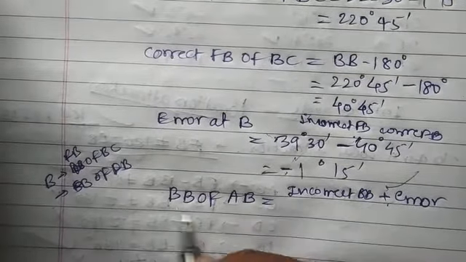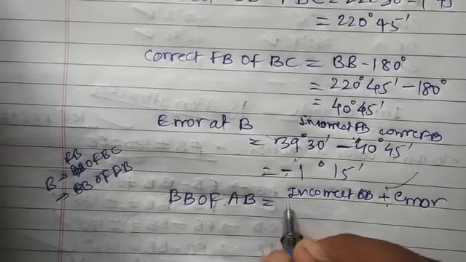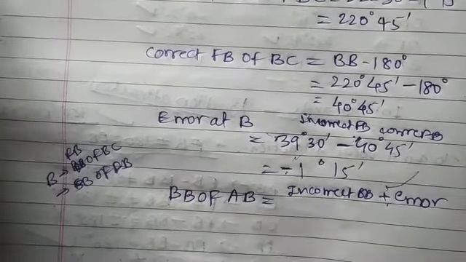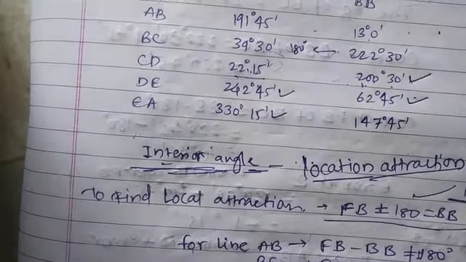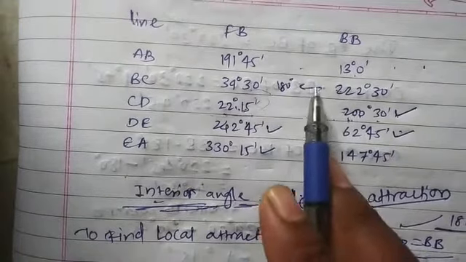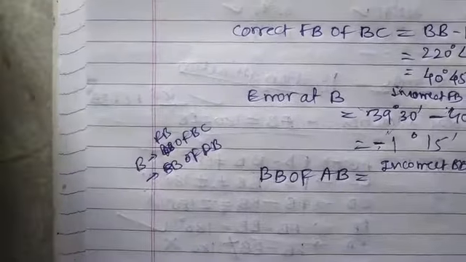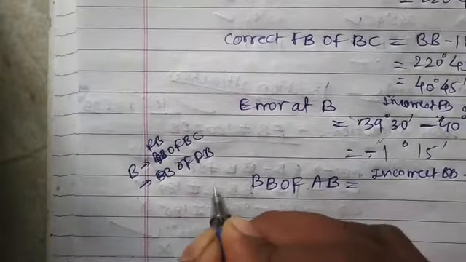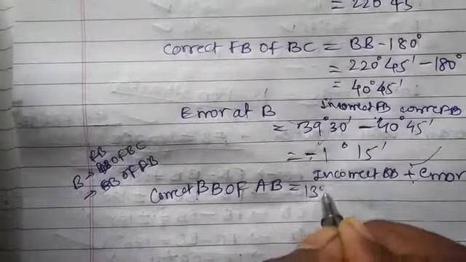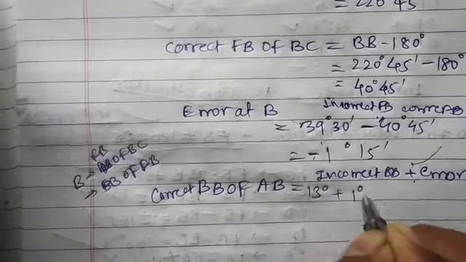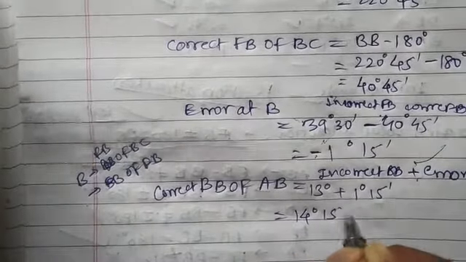So for line AB, incorrect back bearing which is given, let's check out. For line AB, incorrect back bearing is given as 13 degree. Okay, so correct back bearing will be equal to 13 degree plus 1 degree 15 minute. It will be 14 degree 15 minute.